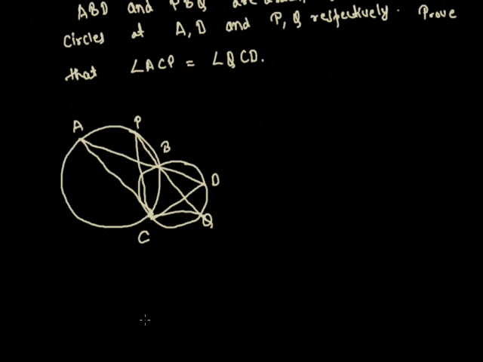Now the solution. Angle ABP is equal to angle QBD, vertically opposite angles.